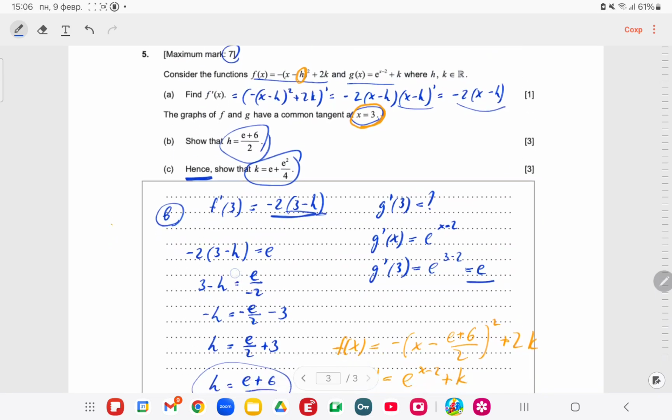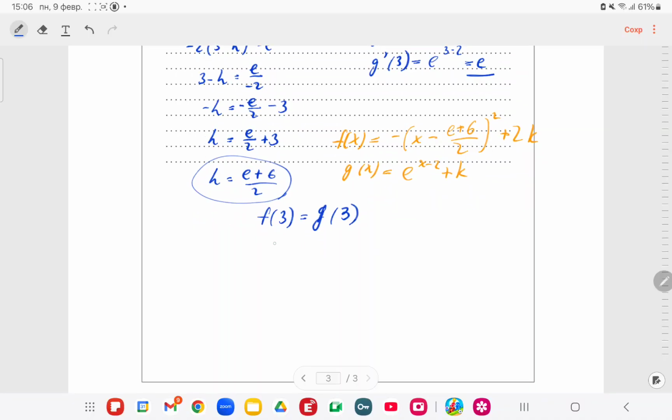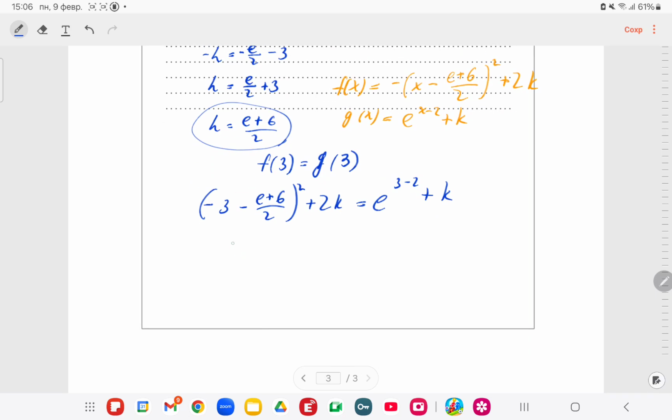Okay, and let's use it. So for f of 3, let's plug everything into our function. Negative e plus 6 over 2 squared plus 2k is equal to e to the power 3 minus 2, plus k, right?